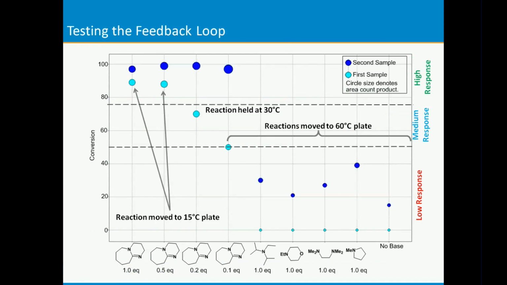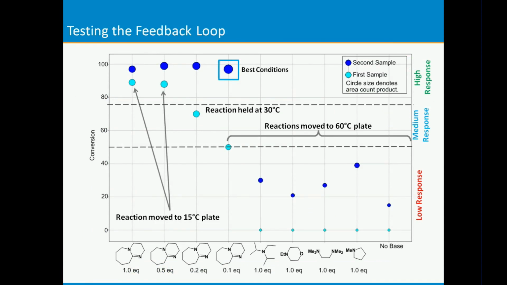And what you'll see is when we took the second sample after 4 hours, all of the reactions proceeded further. The best conditions were actually the 0.1 equivalents of DBU reactions. You'll notice that there's very little difference in conversion between the 0.1 equivalent DBU reaction and the 1 equivalent DBU reaction.